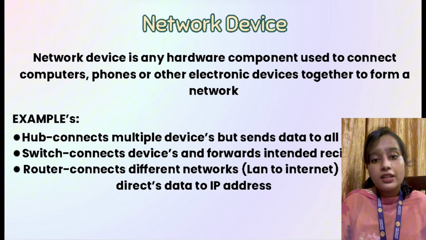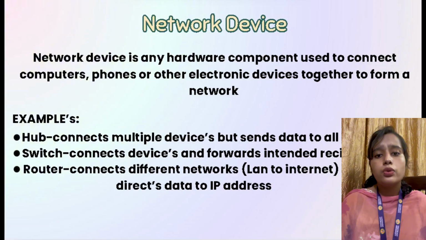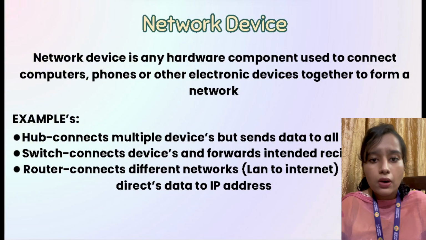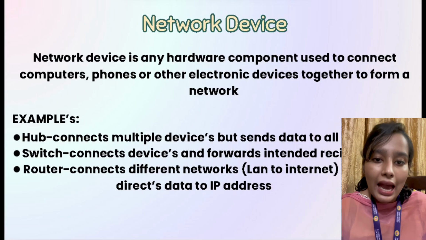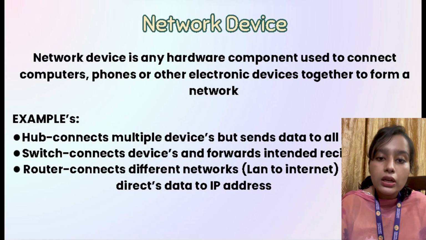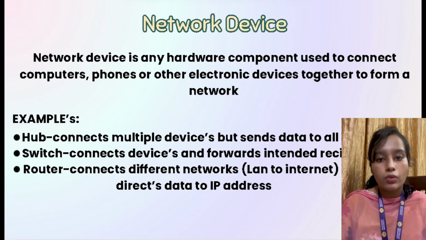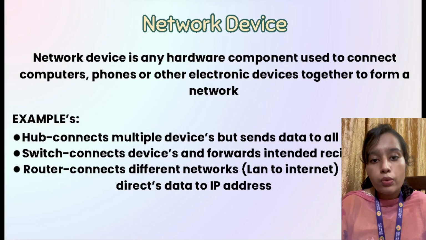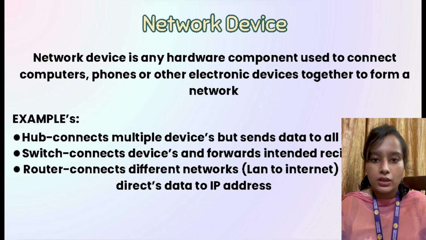There are some devices we use for computer networking. As we know, in our surrounding there are many types of devices. But in my slide, I am going to explain 3 types of devices. They are hub, switch and router. Now we have to know what is hub, switch and router. Hub is simpler than switch.